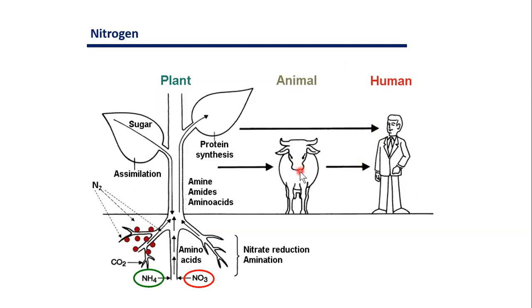All other elements can be utilized in inorganic form. Phosphorus, potassium, zinc, iron can be utilized by the plants in inorganic form. But animals and humans don't have any mechanism to take inorganic. You cannot eat urea. You cannot eat ammonium. You cannot eat ammonium nitrate, but you can eat proteins, which are a rich source of nitrogen.